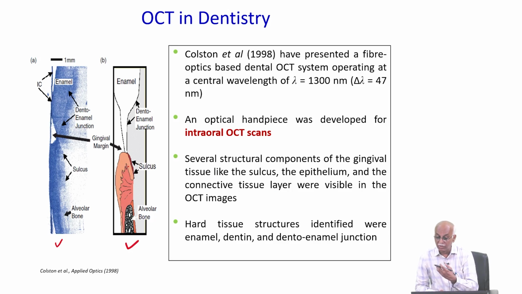measuring pathological conditions related to intraoral tissues. It can be gingival tissue, or gum tissues, which take care of our oral cavity in terms of the tooth, indirectly supporting the tooth.